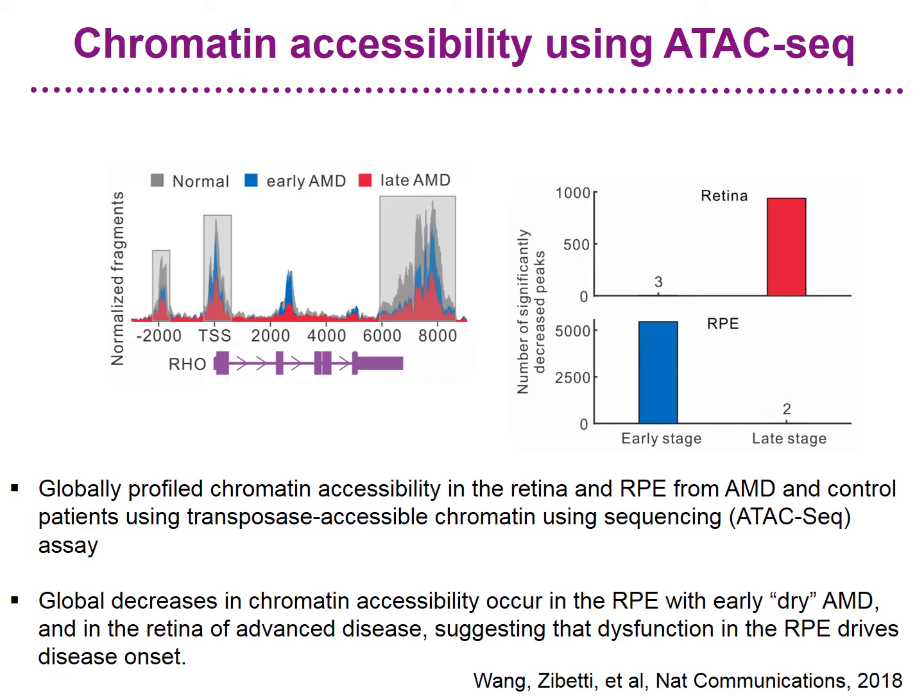Recently, Jiang Quan's group from Johns Hopkins University School of Medicine has shown globally profiled chromatin accessibility in the retina and RPE from AMD and control patients using transposase accessible chromatin using sequencing, also known as ATAC sequencing.